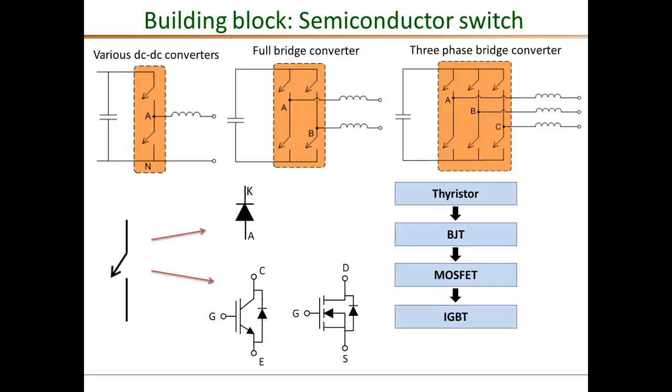Then IGBTs pushed the application to the high voltage and high power areas, even though the frequencies are not as high as in the MOSFET, but they were able to extend the applications well into the kilovolts and megawatt power levels. And the wide bandgap devices are expected to further revolutionize the field of high frequency switch mode power electronics at high voltages and high power levels.